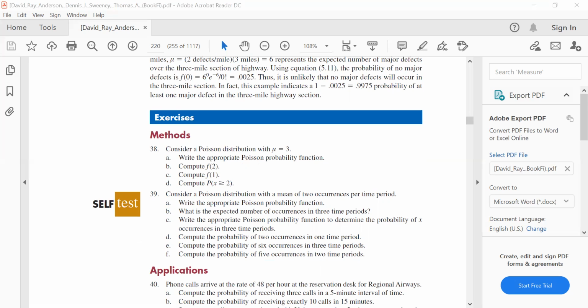So f of x is equal to 2 power x e power minus 2 divided by x factorial. That is part A. What is the expected number of occurrences in 3 time periods? We know that the mean is 2 occurrences per time period. So when we have 3 time periods, that means our mean is equal to 6.